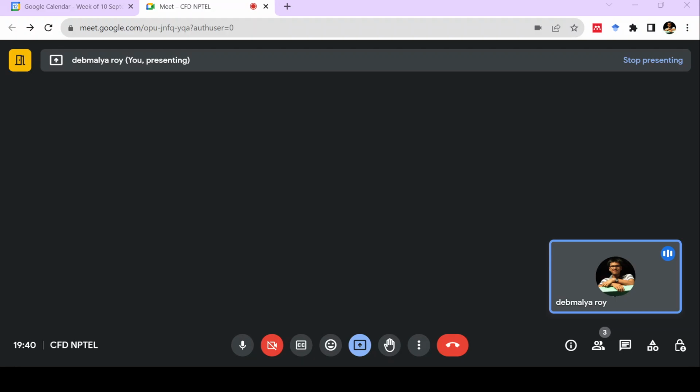So what is the rate determining step in LU decomposition? It is the LU factorization. When we break A into L and U, this step is the rate determining step, and as we just discussed, this is also an n cube operation.